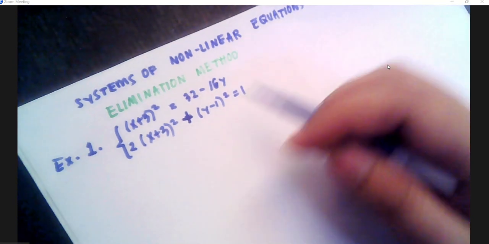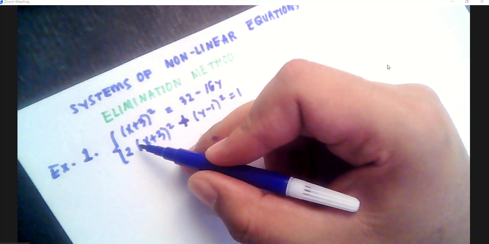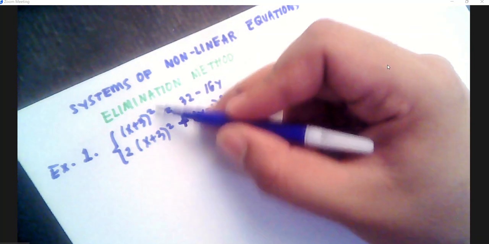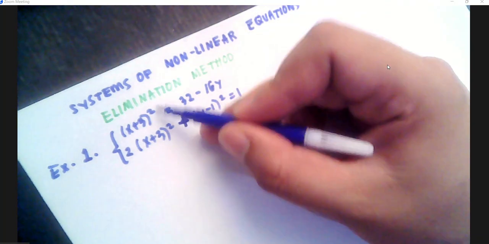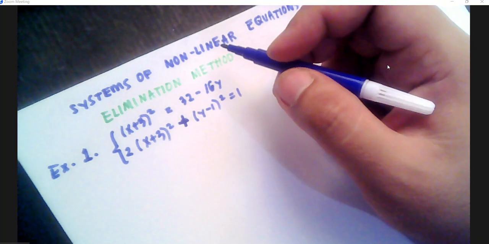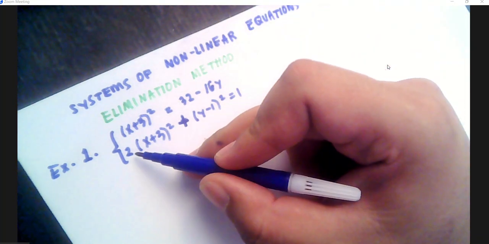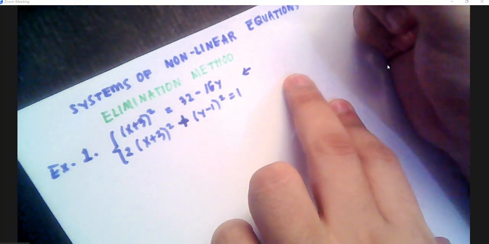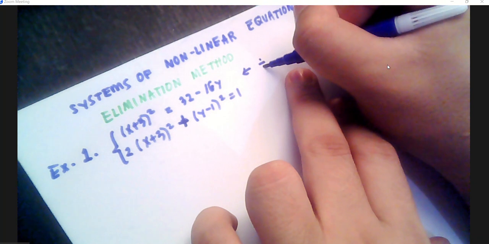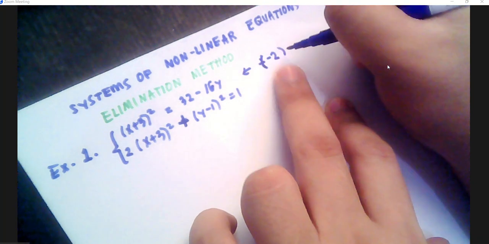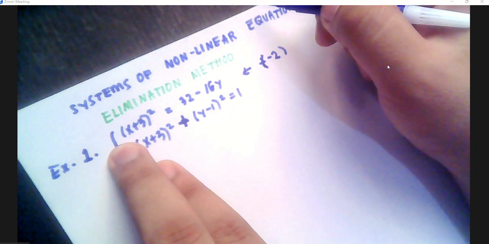So in this case, the first step is to look at the same variables on both equations, if they have something in common. But we cannot do that because we have 2, so very simple. You're just going to multiply -2 on both sides to make it equal.